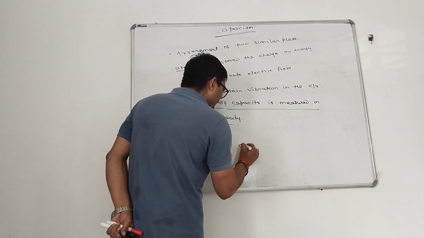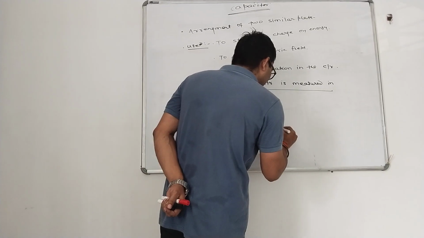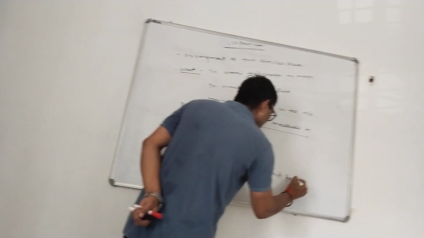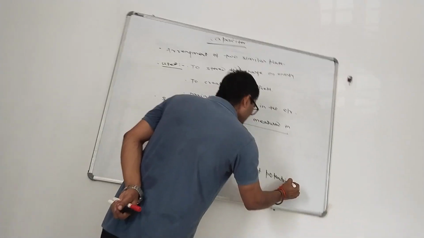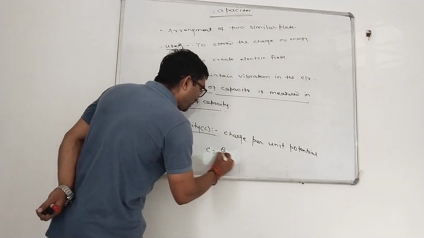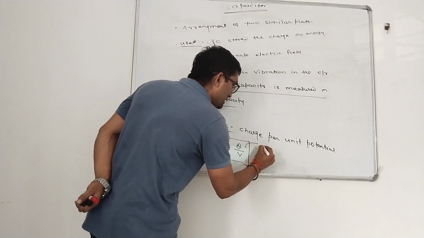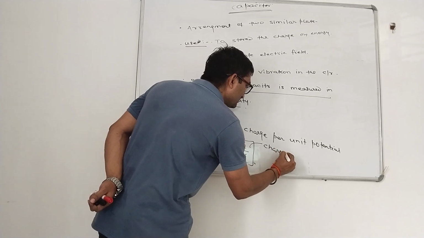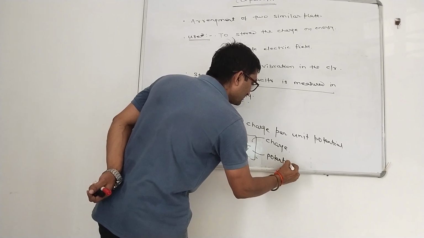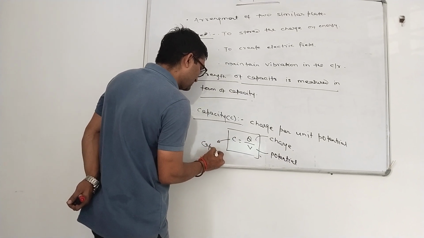So charge per unit potential is basically capacity. Charge per unit potential, I mean C is equal to Q upon V. This is the charge, this is the potential, and this is capacity.